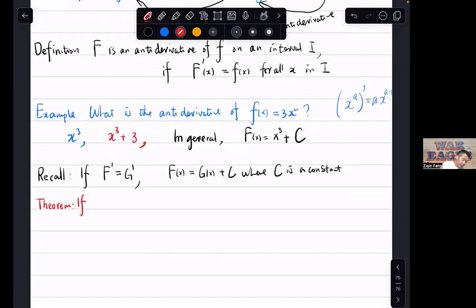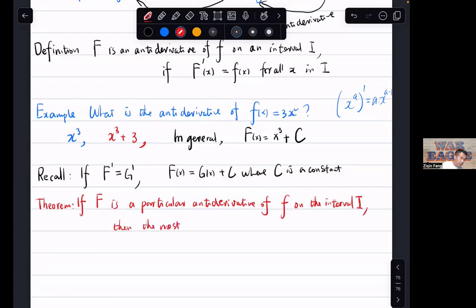If F is a particular antiderivative of f on the interval I, then normally we are asking for the most general antiderivative of f on I, which is F of x plus a constant, where c here is a constant.